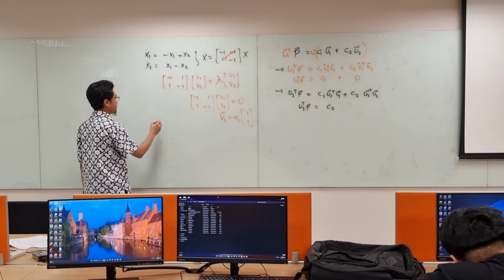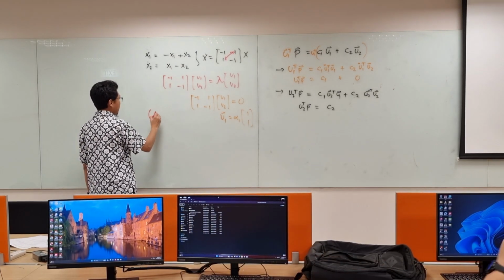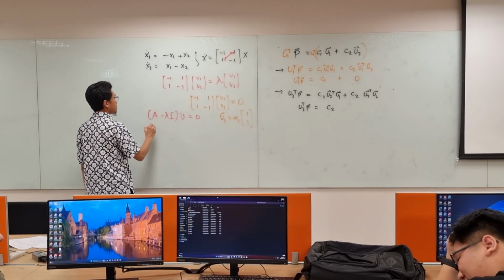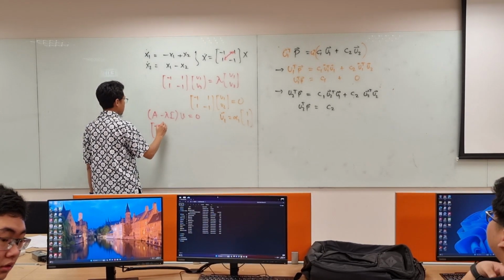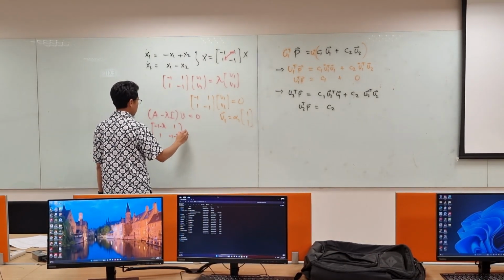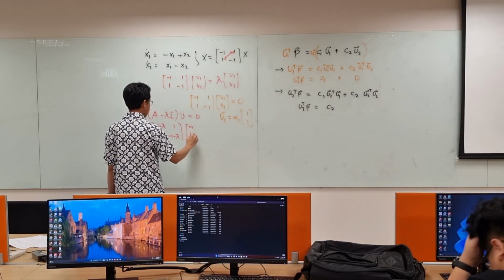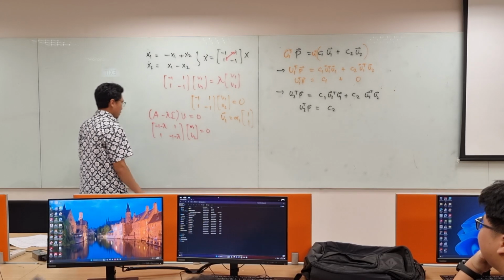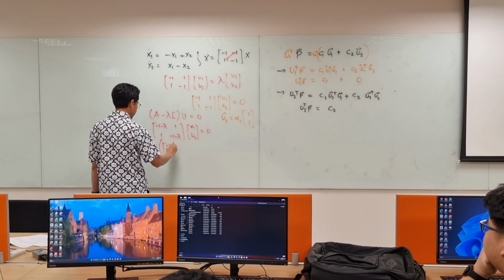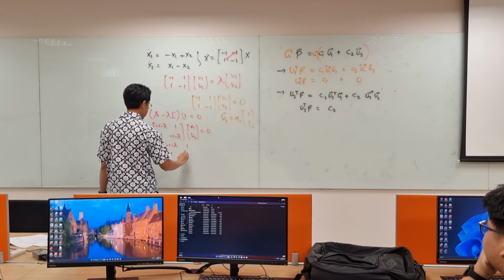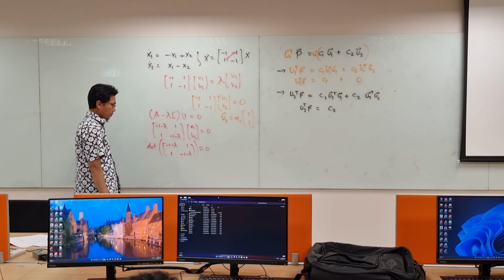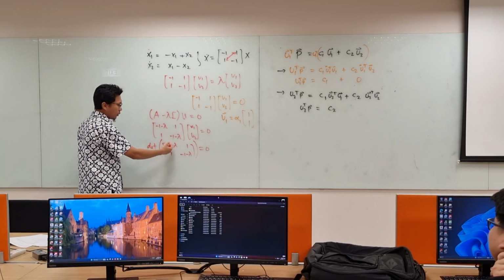Let us get the second eigenvalue. So we write down A minus lambda I, and then the determinant of this. We can take out the minus.